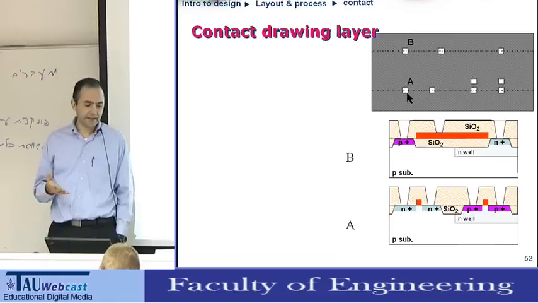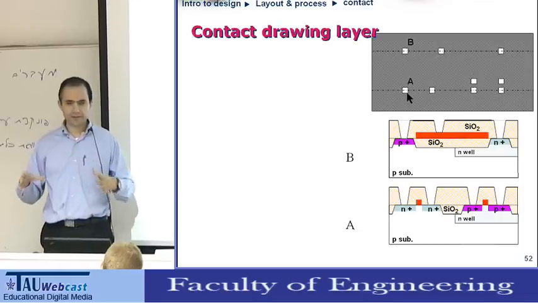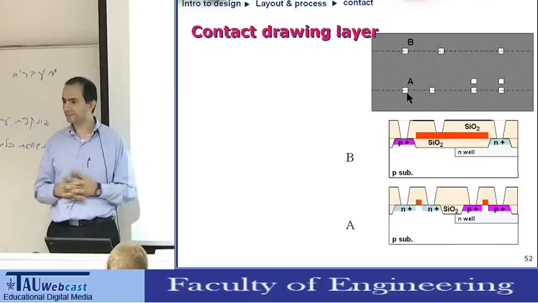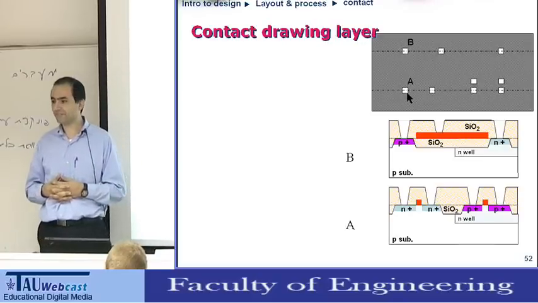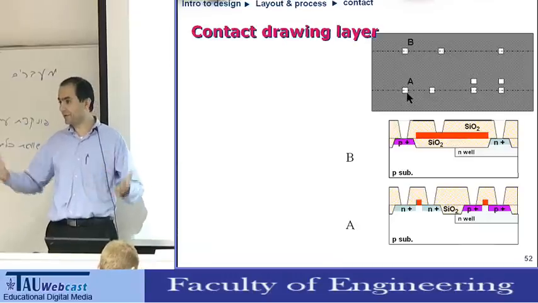Why don't we use bigger contacts? You know, bigger contacts are better. They're less resistive. Why don't we use bigger contacts? It consumes silicon area, and then it means the product will be bigger.